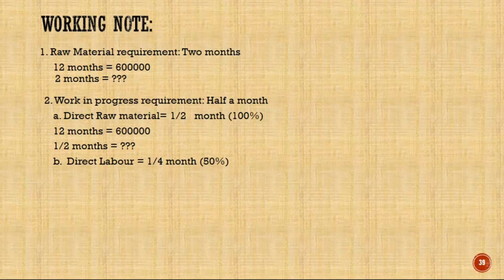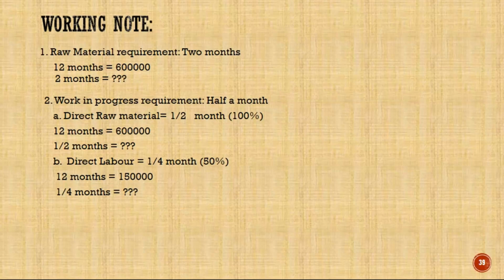Half work has done, and that's why we are calling it as a work in progress. So 50%, we assume that 50% work has completed. So that's why direct labor 50% we will consider. And we have figure with us, which we have calculated in earlier statement, that is 1,50,000. So 12 months is equal to 1,50,000. So how much for 1 by 4 month?